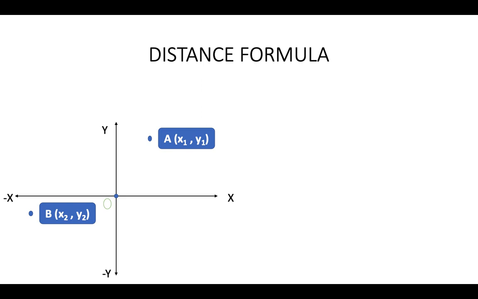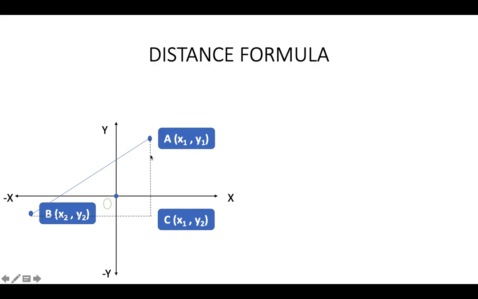Now, if I need to find the distance between A and B, the first step is to drop the two perpendiculars from the points like this. From this, we will get one new point named C, whose coordinates will be x1, y2. Why?